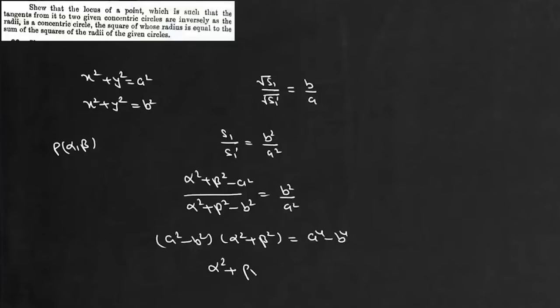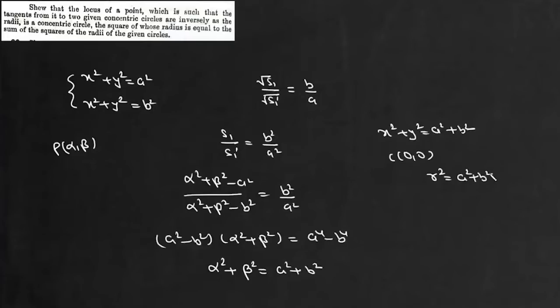So the required locus will be alpha square plus beta square equals a square plus b square, which is this circle, x square plus y square equals a square plus b square, and the center of the circle is again at 0, 0. So it will be concentric to the two given circles, and its radius square is a square plus b square, which is the sum of squares of radii of the given circles, and which is what we needed to prove in this question.